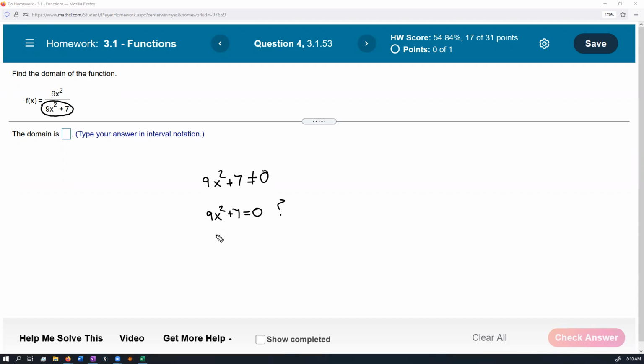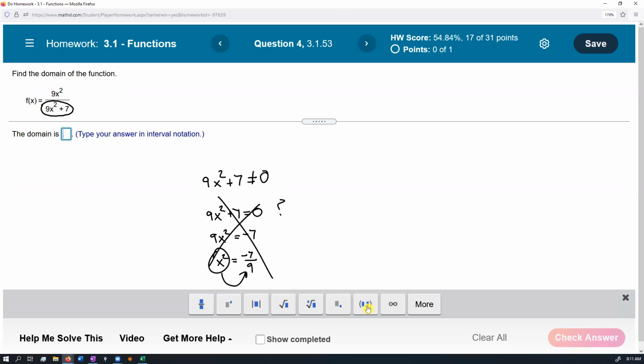And if you move the 7 over to the other side, makes it -7, and divide by 9, I think it's clear to see that there's no way we're ever going to be able to square a number and get a negative number, not a real number. So this is never going to happen, which is good. That means that any x we plug in will work. So my answer should again be all real numbers. So negative infinity to infinity.